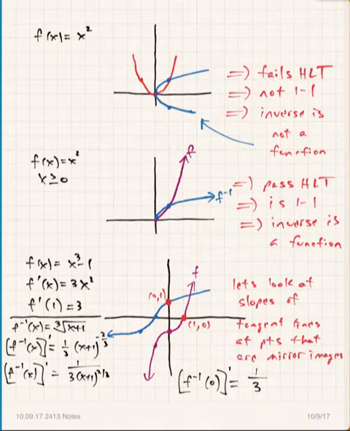Because all we're doing is substituting 0 into this function right here. And so notice what happens, and this is not a coincidence, the derivatives of mirror image points are reciprocals of each other. That's what we want to try to get across here. That's always going to be true: they're reciprocals of each other.